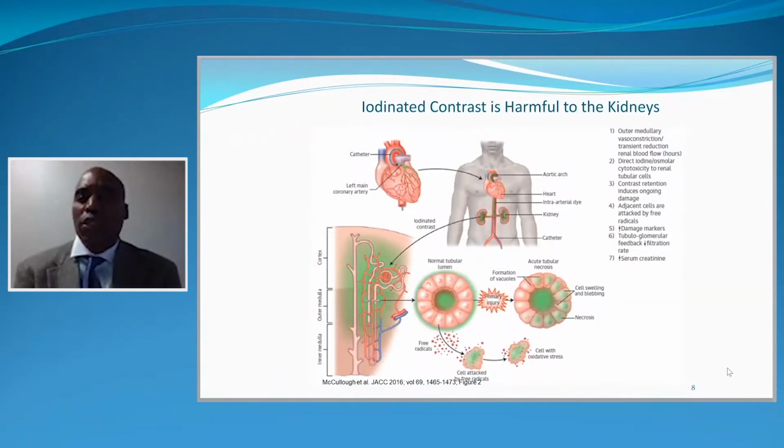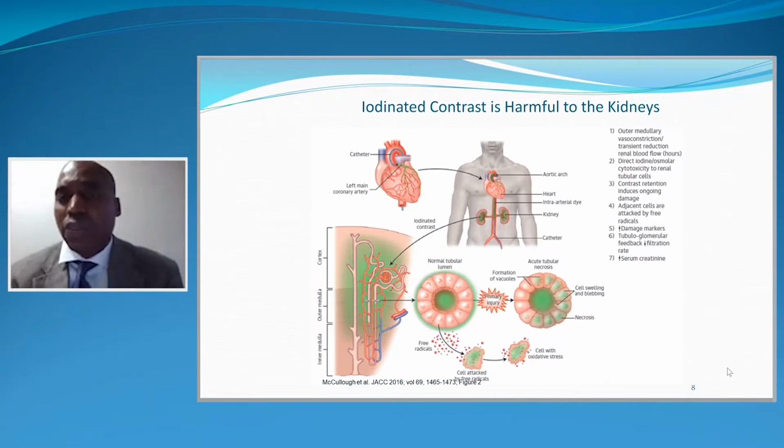Contrast, as you know, is definitely harmful to the kidneys. The way the pathophysiology presents itself is that the contrast can lead to a transient reduction in renal blood flow. The iodine is also cytotoxic to renal tubular cells.